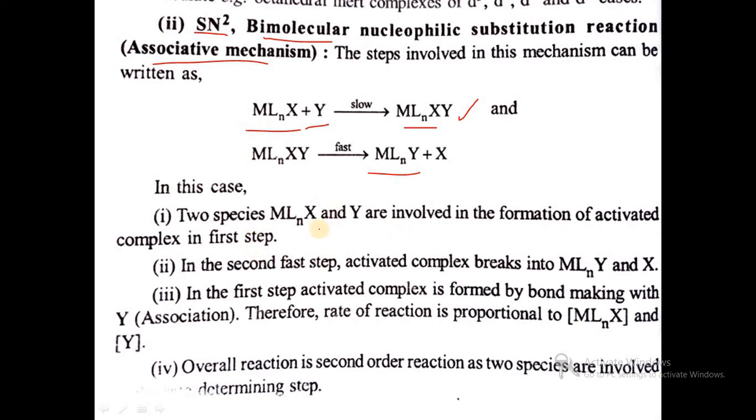The rate of the reaction depends on both the concentrations of MLnX and Y, because both are important to carry the reaction. The activated complex formed in the first step breaks into MLnY and X, so it is an SN2 type reaction.